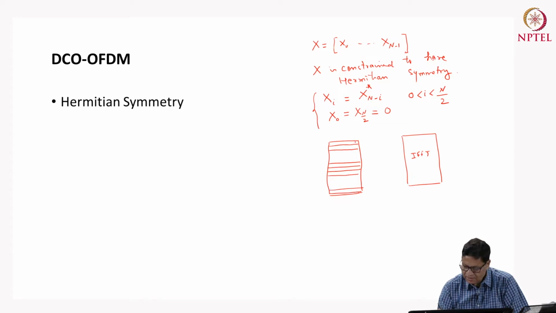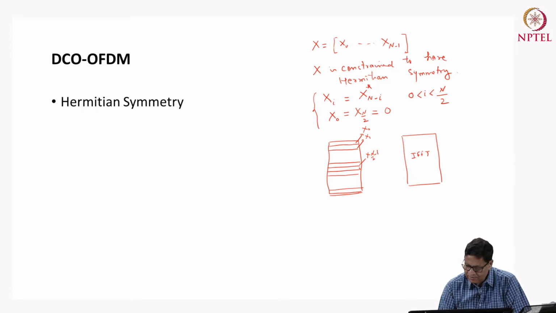So this is x0 and this is x1, so on and so forth, and then we have x(N/2 minus 1).